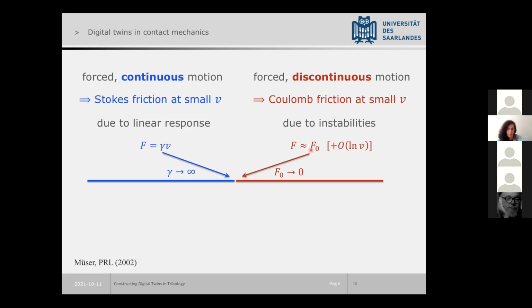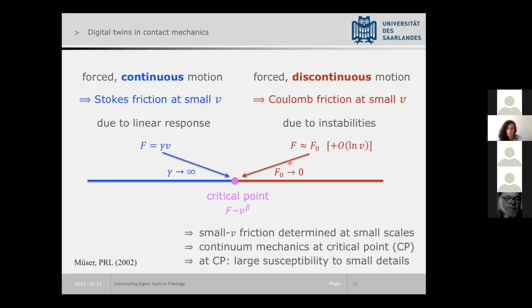And here you have a different constitutive model. And in between, you get a so-called critical point where you get small velocity friction, where you get a power law. You're neither this nor that. There's exactly 1 point in between, separating blue from red, and so separating continuous from discontinuous. And this point is neither continuous nor discontinuous.